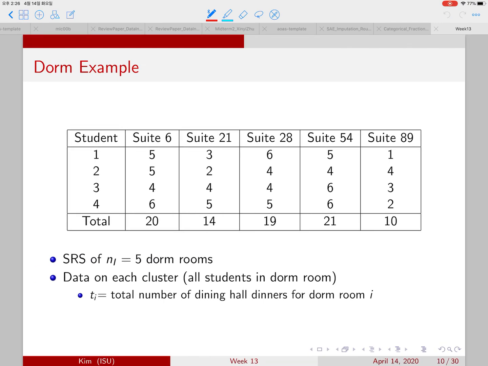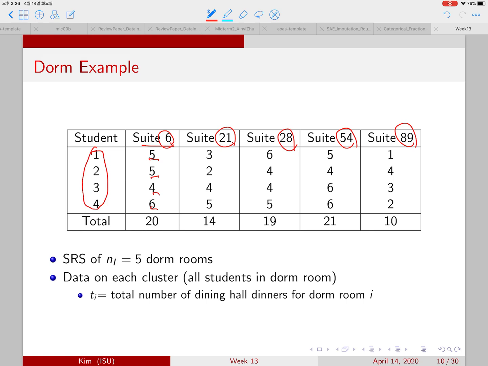Suppose that the realized sample observations can be summarized in the following table. This is the sample. We select room numbers 6, 21, 28, 54, and 89. That's one realization of the simple random sampling. From the sampled rooms, we contact all the students in the room and obtain the measurement.